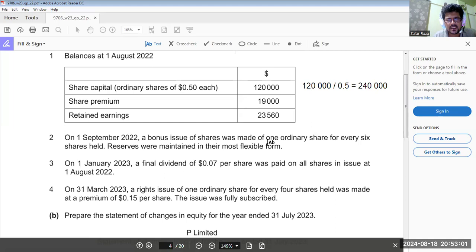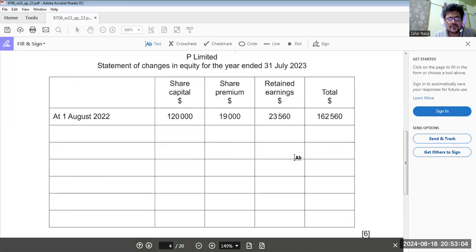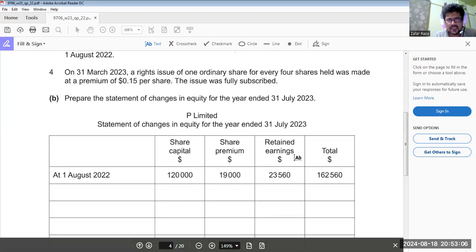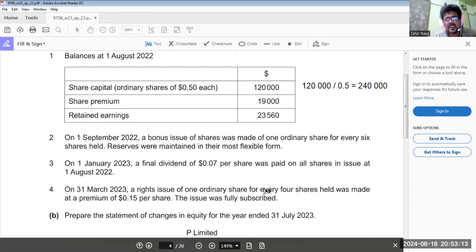Share premium, retained earnings. Now we have to complete this statement of changes in equity. 1st August, share capital is given, premium on share is given, retained earnings is already given here, and they have just copied. So we have to follow the steps.